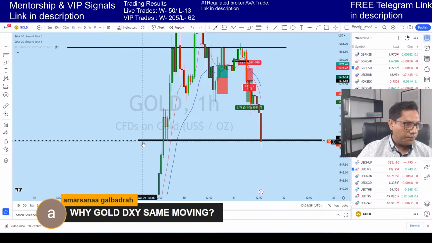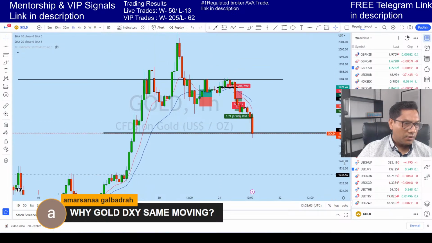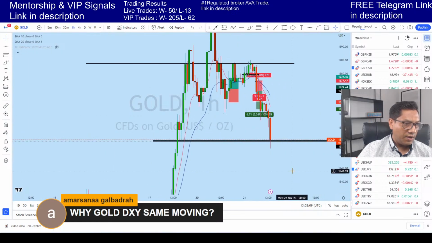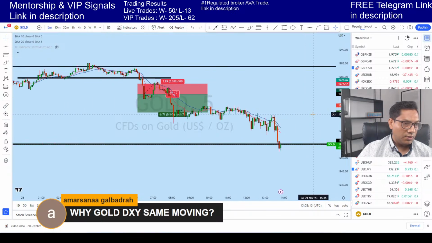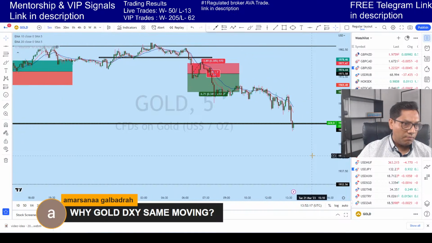There is a good amount of liquidity here. I think that now it's grabbing liquidity. Okay, we see that now. If there is any rejection coming from the bottom, we will be buying.